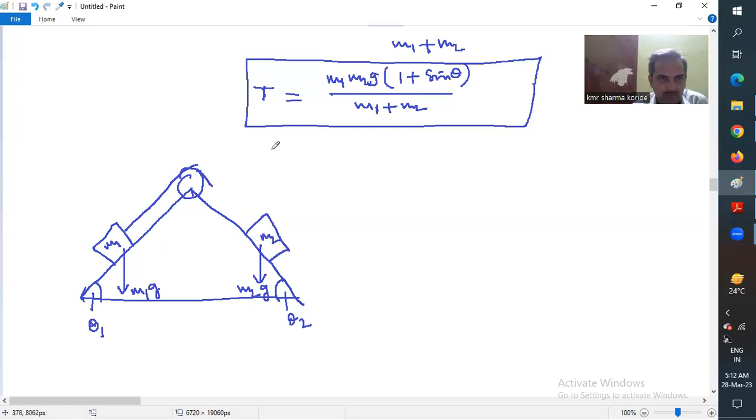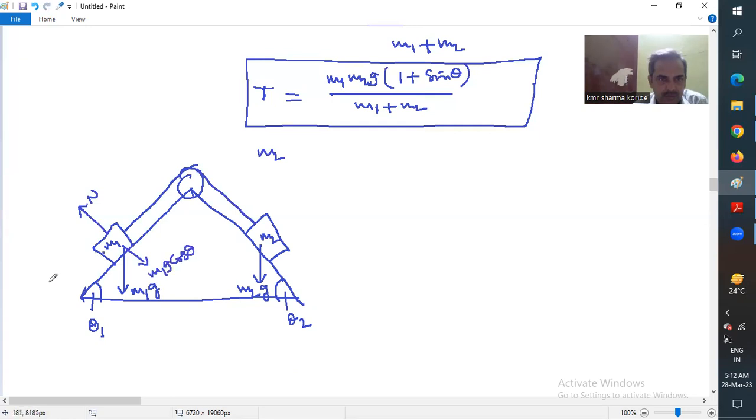Now here, once you resolve the weight of both the bodies into two components, this is going to be the normal reaction. So m1g cos theta does not contribute anything to the motion.